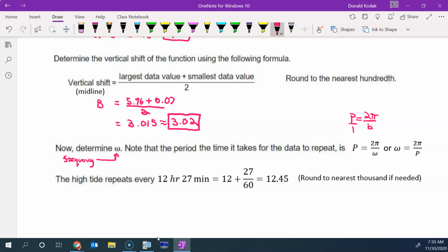Then we learned that if we solve this for b, it equaled this. Well, you're doing the exact same thing here, except instead of a b, it's using the Greek letter omega. That's all. So if I take this formula right here and I rearrange it, it's the same as that.